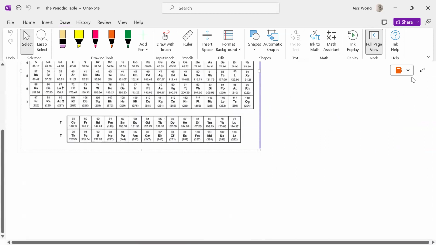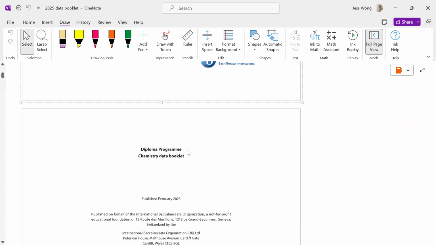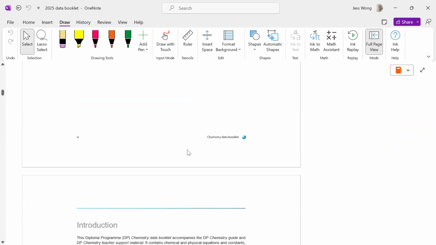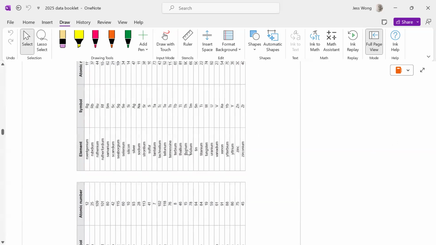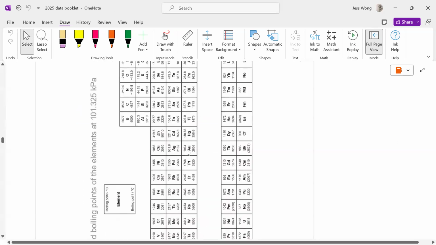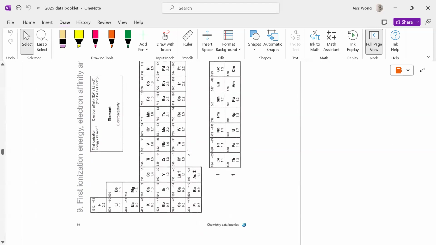If you look at the data booklet that is in your notebook, you have turned to this table. This table, table 9, has all the electronegativity values of the elements. You see all these numbers below, these are the electronegativity values.